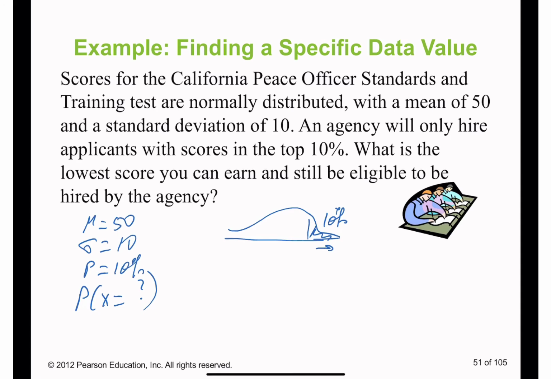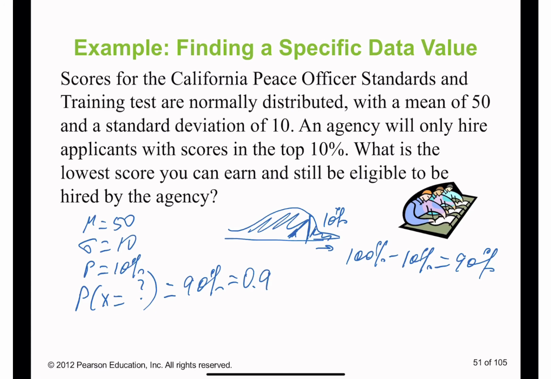So if it's the top 10%, that means 100% minus 10%. It has to be 90%, right? You have to get the 90% mark so you can pass among the top 10%, which means it's 0.9. Dividing by 100 means moving the decimal point by 2 positions to the left, and that will be 0.9.